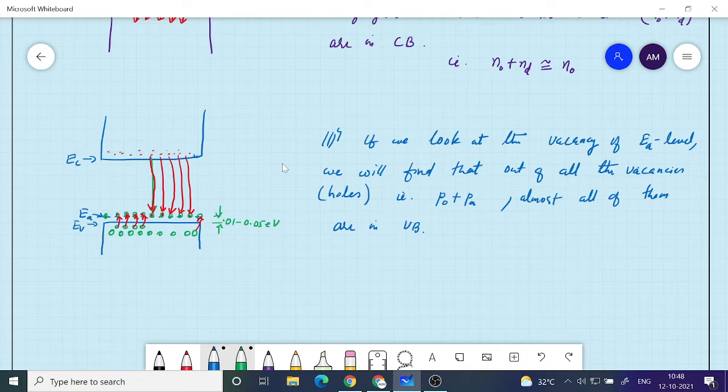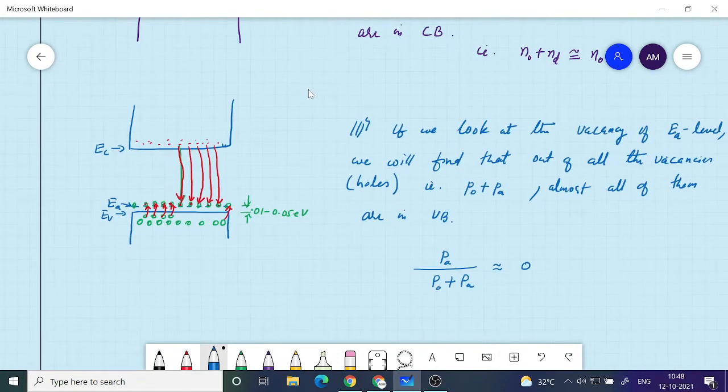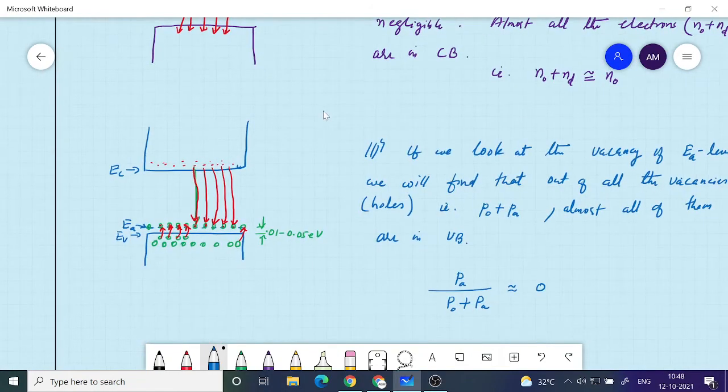So because of that, if you count all the vacancies, just like we earlier found the fraction, that is PA divided by P0 plus PA, this will be almost 0. Okay, a very negligible, very small fraction. The same analysis, same mathematics we can do, and we will get the same result.